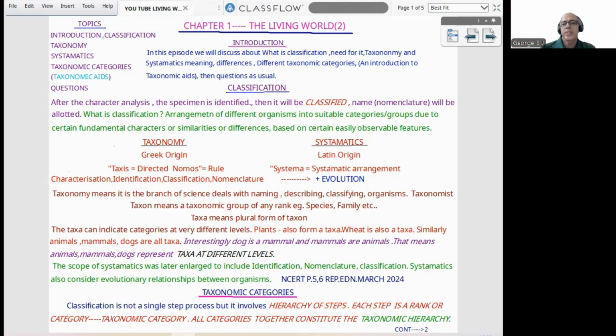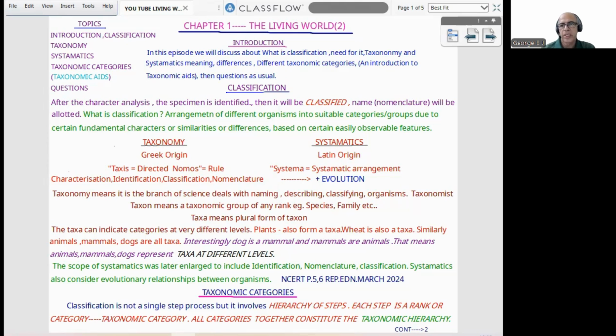Plants, that is a taxa. Wheat, that is also a taxa. Similarly, when we take animals, mammals, dogs, all are taxa. A famous statement, interestingly: dog is a mammal and mammals are animals. That means animals, mammals, dogs represent taxa at different levels.